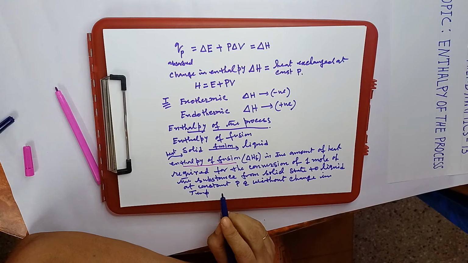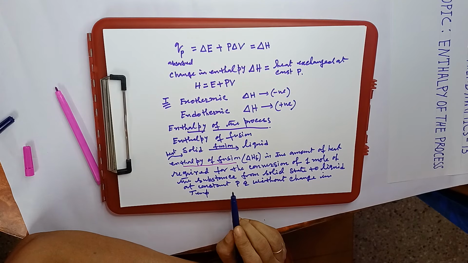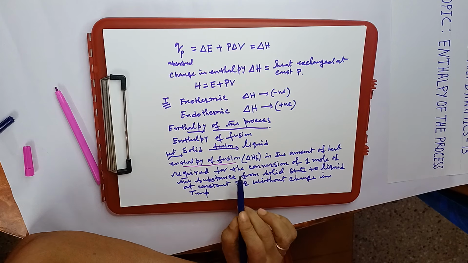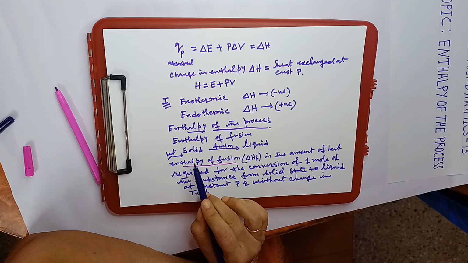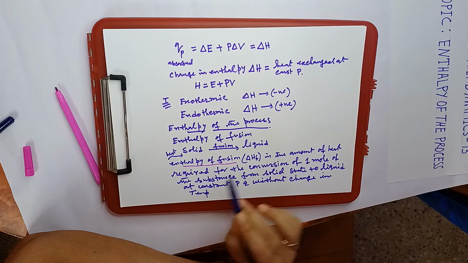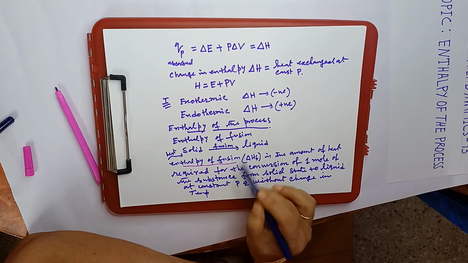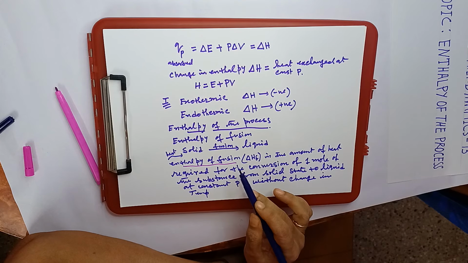So here you have to remember, we consider 1 mole of the substance and constant temperature. As I told you, though you are supplying heat, that heat is used for doing the work, breaking the strong intermolecular force. It is not increasing the thermal energy or temperature.